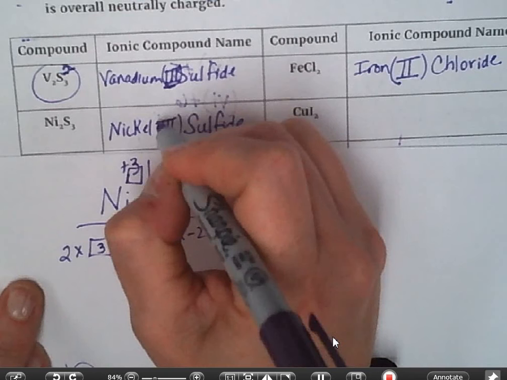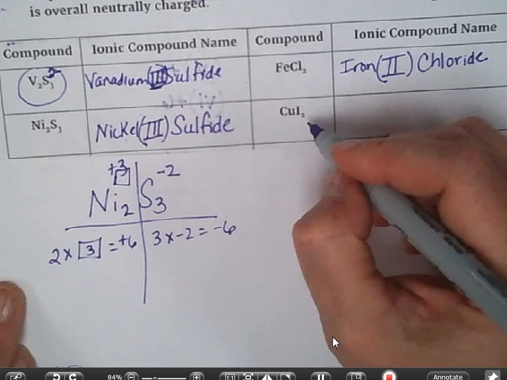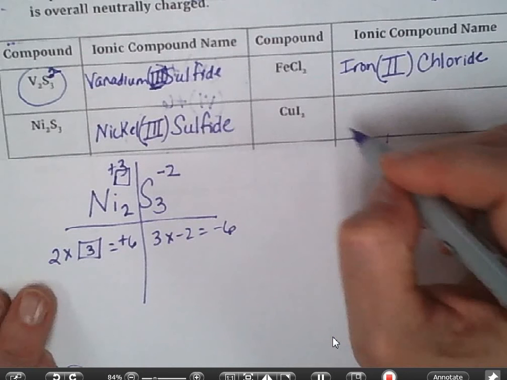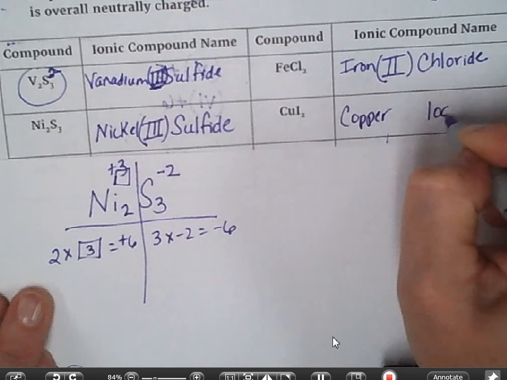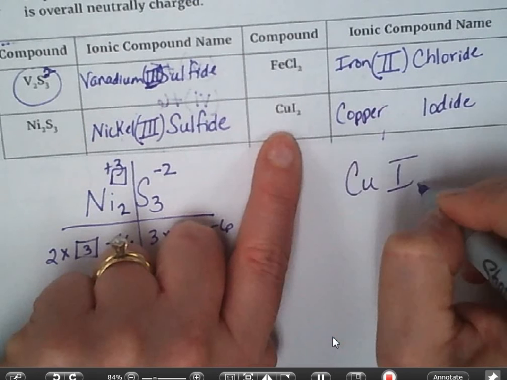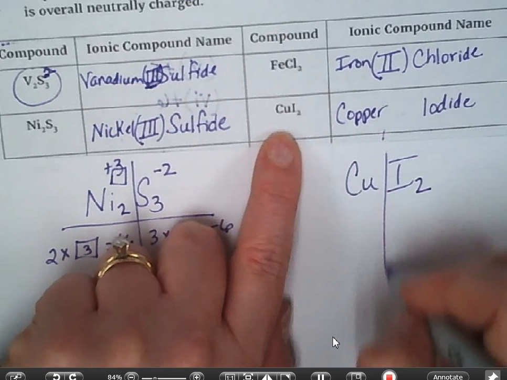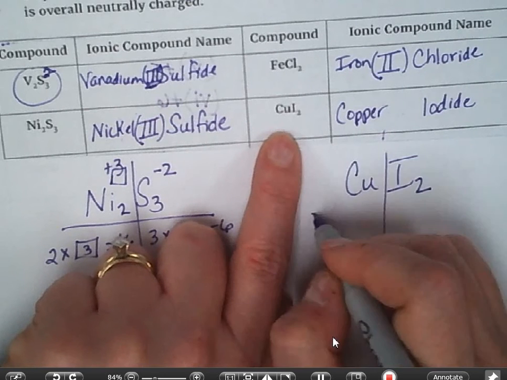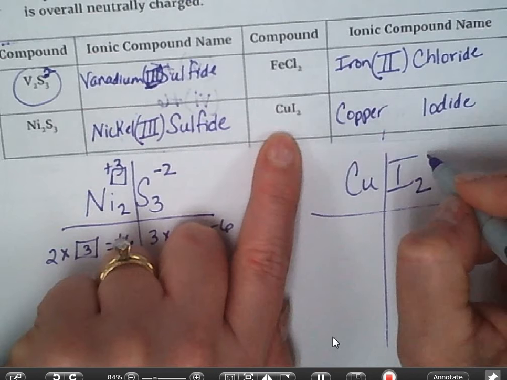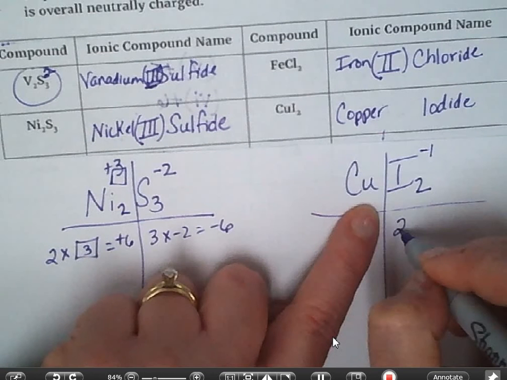Over here we've got copper iodide. All right, so I know Cu(I)2 is the formula. So I go to my periodic table and I say, okay, the oxidation number for iodine is -1. So again, I've got two atoms, both with -1 charges, which is going to give me a -2 charge on this side.